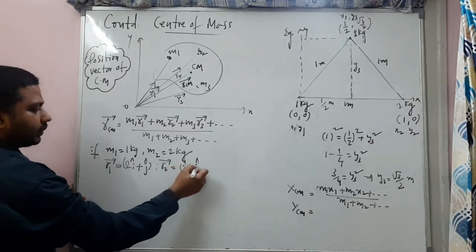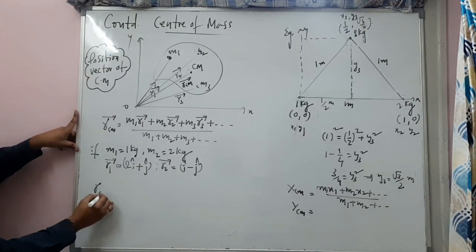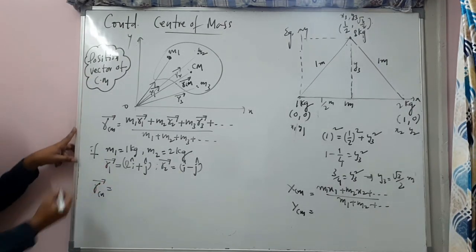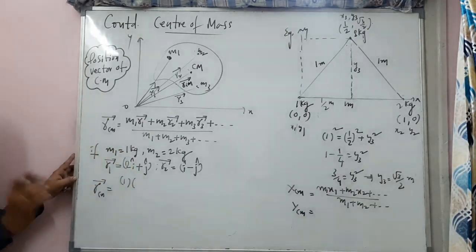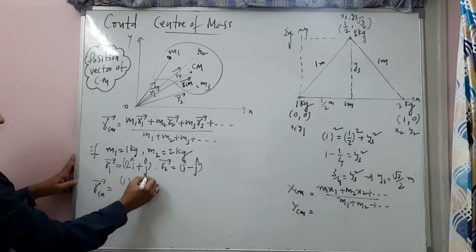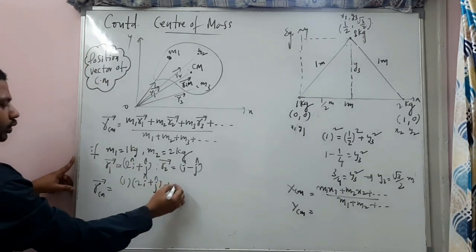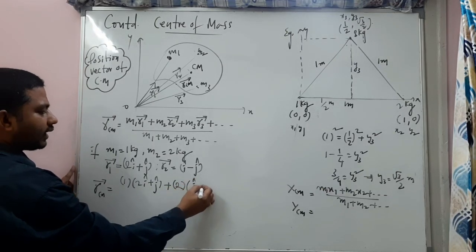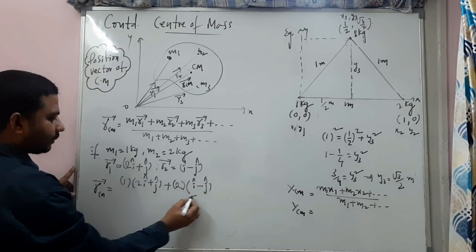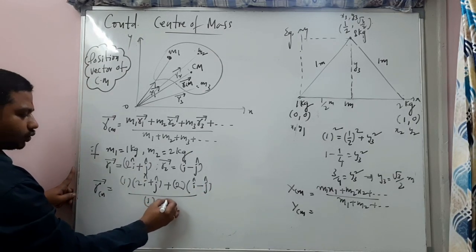Now they may ask you to find the position vector of the center of mass. What is the formula? M1 into R1. What is R1? It's 2i cap plus j cap, plus M2, which is 2 kg, into R2 bar, i cap minus j cap, divided by M1 plus M2. It's 1 plus 2, students.